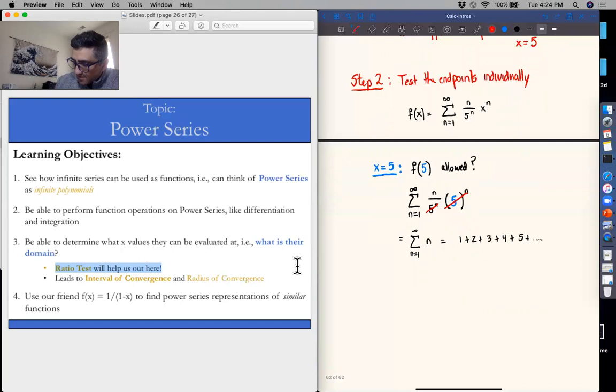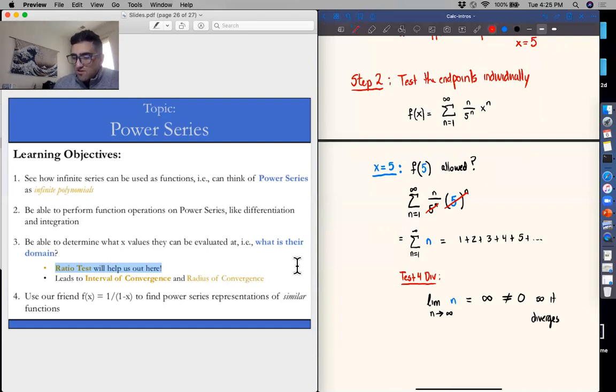We can try something like the test for divergence, where if we just take that series function, which in this case is just n, that limit is equal to infinity as n goes to infinity, which is not equal to 0, so it diverges.